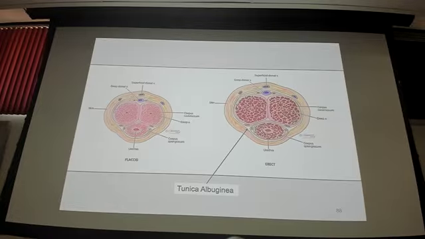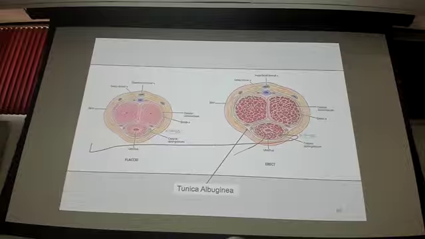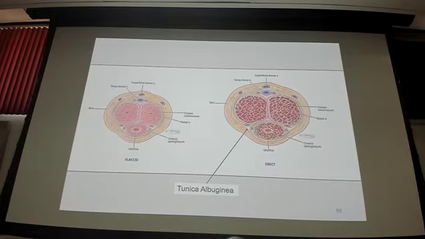If you look at this, the cavernous bodies are here, and you can see them. This is a picture of flaccid and erect. Basically, all of this tissue just engorges with blood. This tunica albuginea, this white membrane, is also the one that surrounds the testicles.